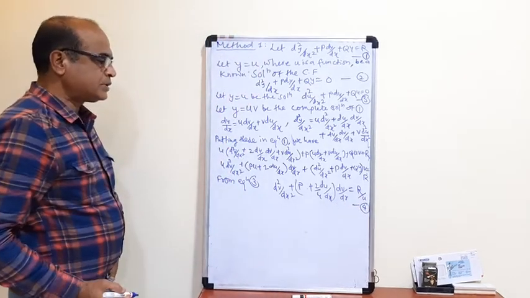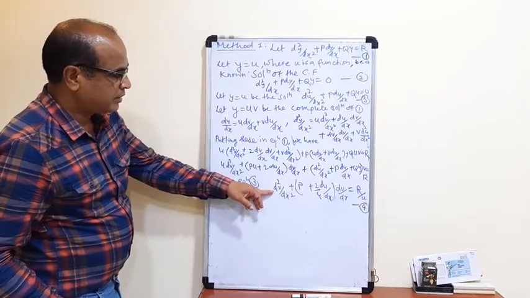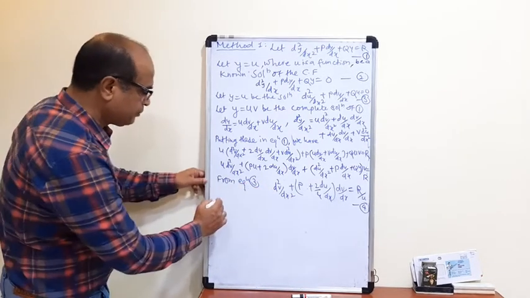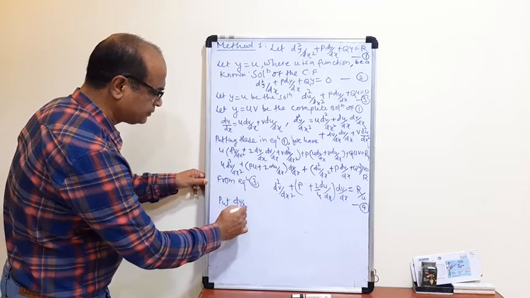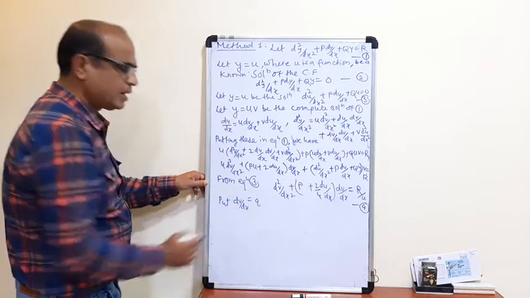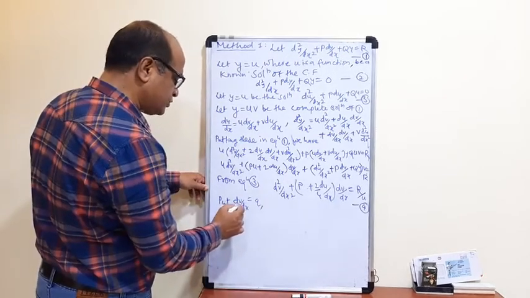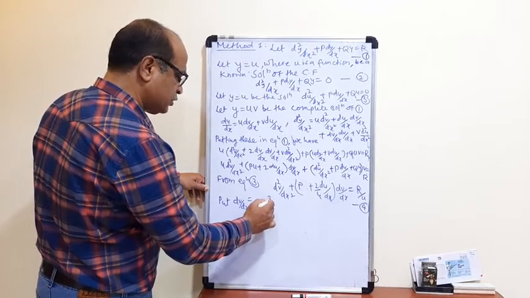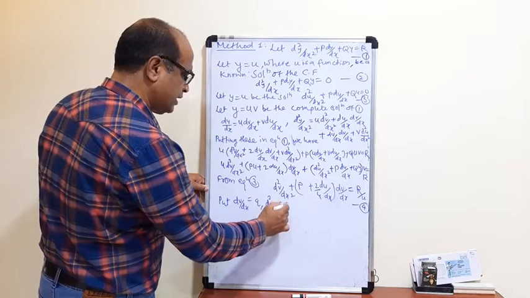Now we put dv by dx equal to q. Again taking derivative of this with respect to x, d2v by dx square is equal to dq by dx.